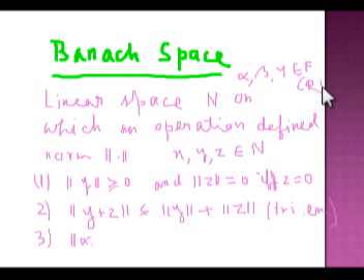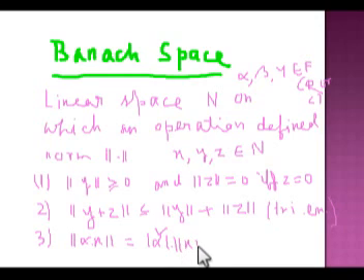Depending on the scalar, we have to verify that the norm of alpha x equals the modulus of alpha multiplied by the norm of x. If it is complex, you have to take the modulus. If it is a real scalar, you just take the positive value.